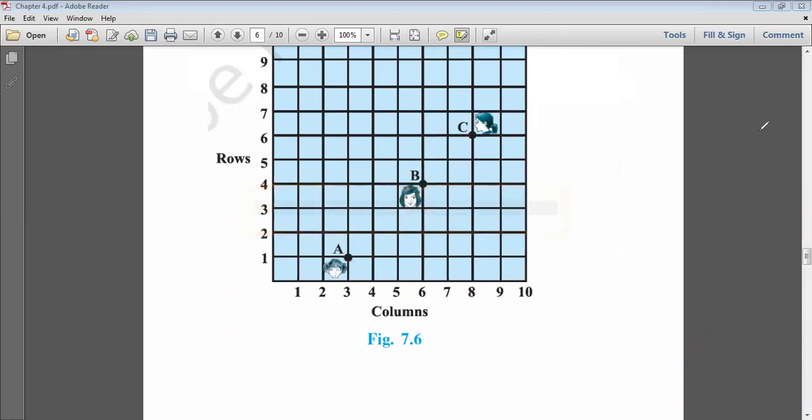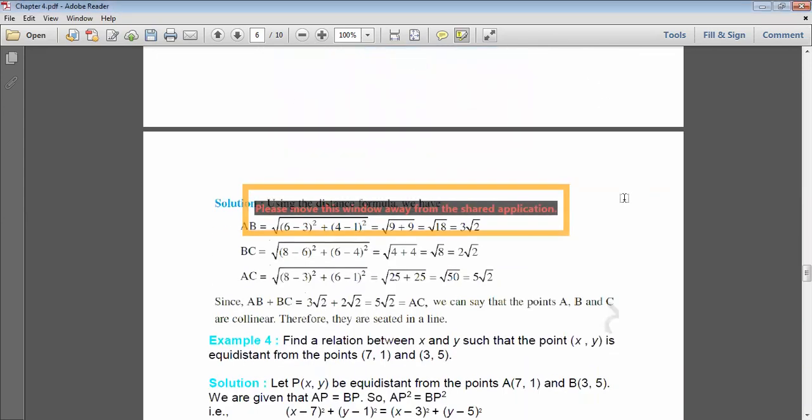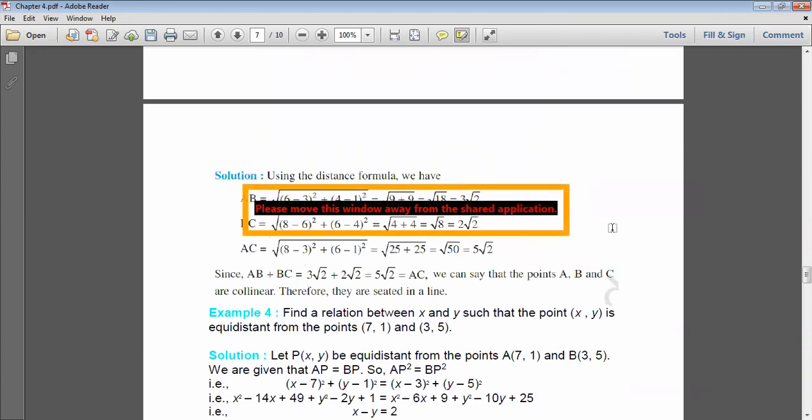Otherwise, we won't be able to get it equal to AC. Clear? Collinear means all the points are lying in a straight line, in the same line.